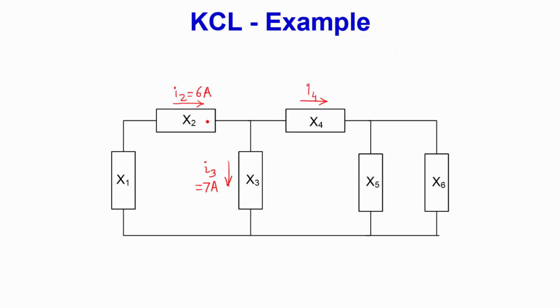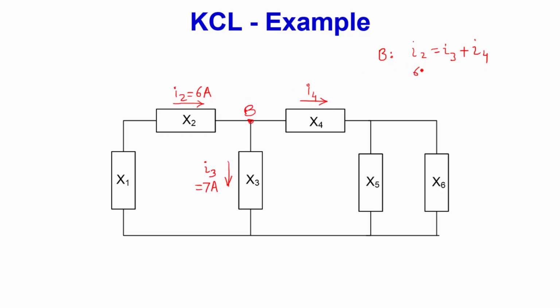Now let's look at another scenario where we are still talking about the node B, but in this case the values are a little different. So for node B, again, the equation was I2 equals I3 plus I4. Now we can put in the values.